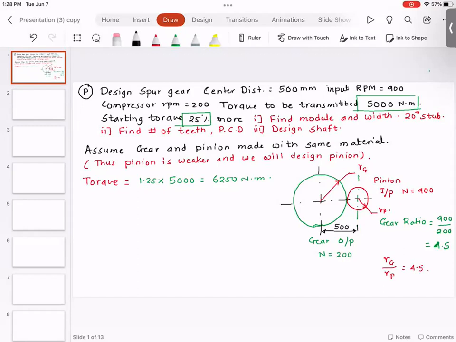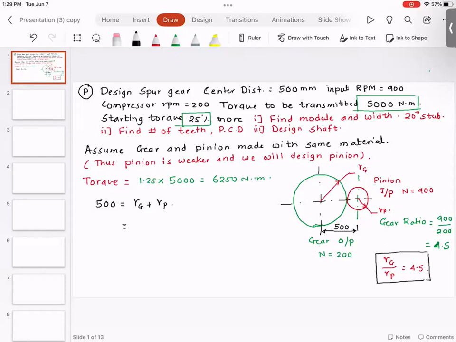As you can see, the center distance is nothing but radius of the gear plus radius of the pinion. So I have 500 is equal to radius of the gear plus radius of the pinion. And also I have this ratio, which comes from the gear ratio because the speeds of the input shaft and the output shaft are given.